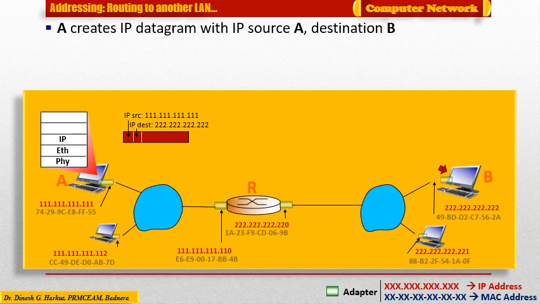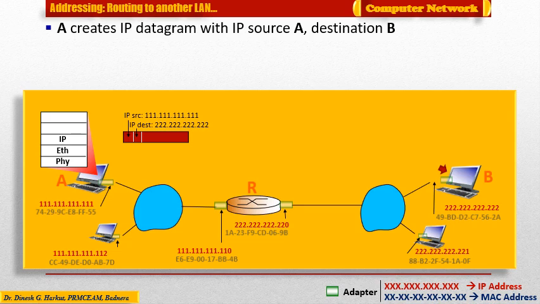What MAC address should the adapter use? You might be tempted to guess that the appropriate MAC address is that of the adapter for host 222.222.222.222, because this is the destination host. So the adapter address associated with the destination must be included in the frame.